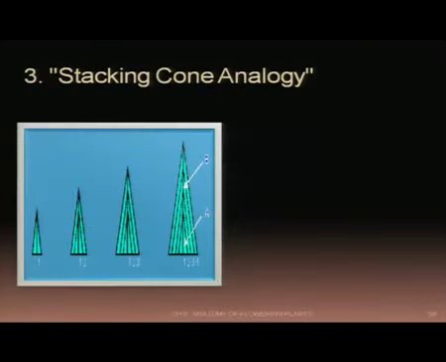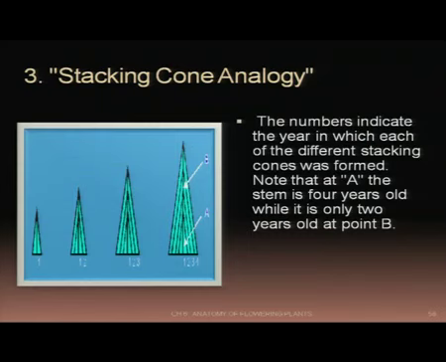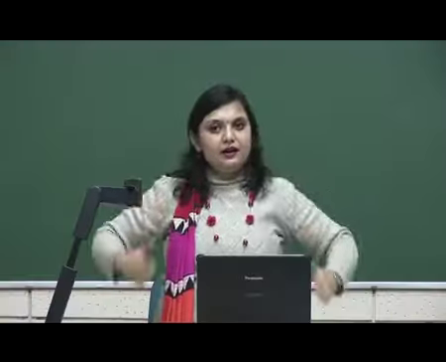Another question. This is the stacking cone analogy, and that is how we explain this concept of secondary growth. Suppose one cone is added every year because of secondary growth. So, initially the height was this, then another cone is added. The height has increased and at the base only the girth has increased.